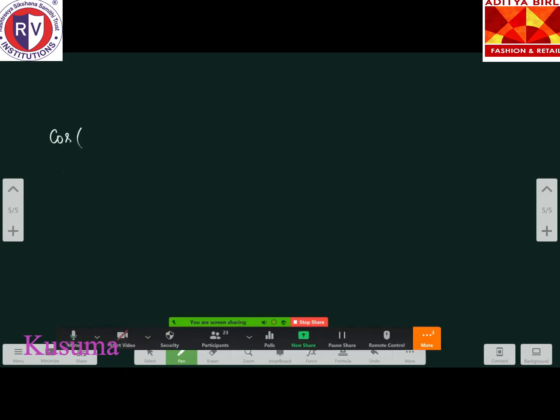The value of cos of (sine inverse π/3 plus cos inverse π/3) is, the options are 1, -1, does not exist, and option D is 0.